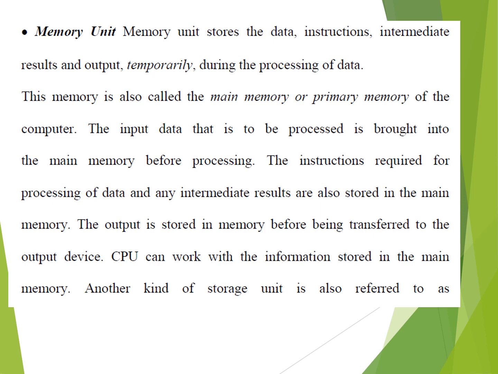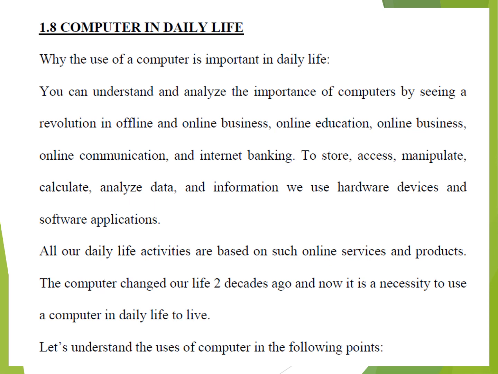The instructions required for processing of data and any intermediate results are also stored in the main memory. The output is stored in memory before being transferred to the output device. The CPU can work with the information stored in the main memory. Another kind of storage unit is also referred to as secondary storage.